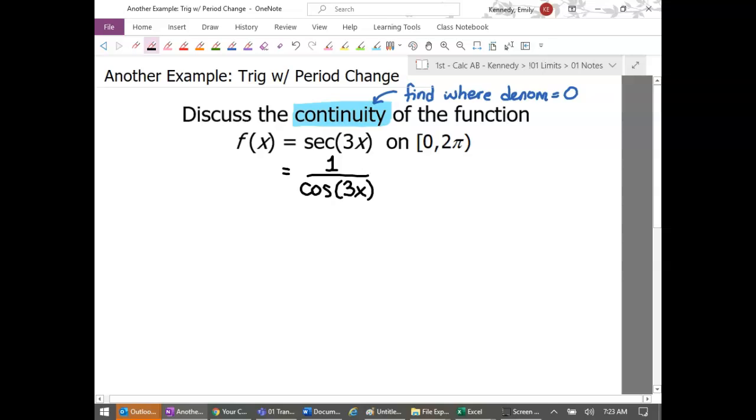So we know, or should know, that secant of 3x is the reciprocal of cosine of 3x. And so our job to figure out where something goes wrong is to figure out where that denominator equals 0. Those are going to give me my discontinuities, and then we'll figure out whether they are removable or not.